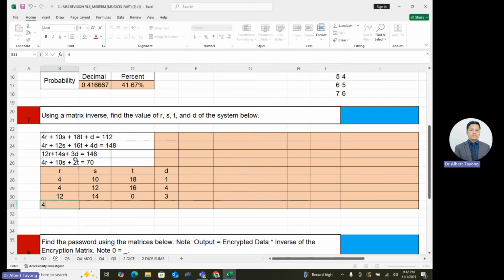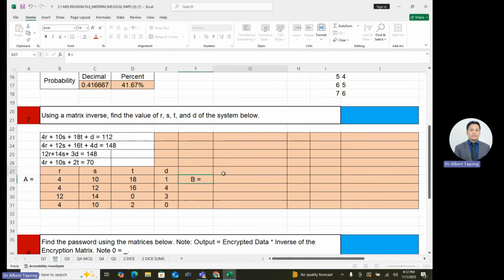Here we have 4R. Then we have 10S. And we have 2T, and we don't have D, so this is 0. And our B, this is our A. Okay, you can put our B here.